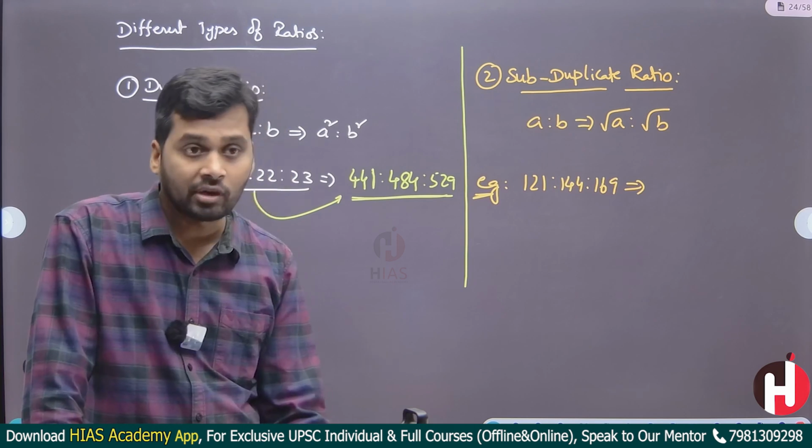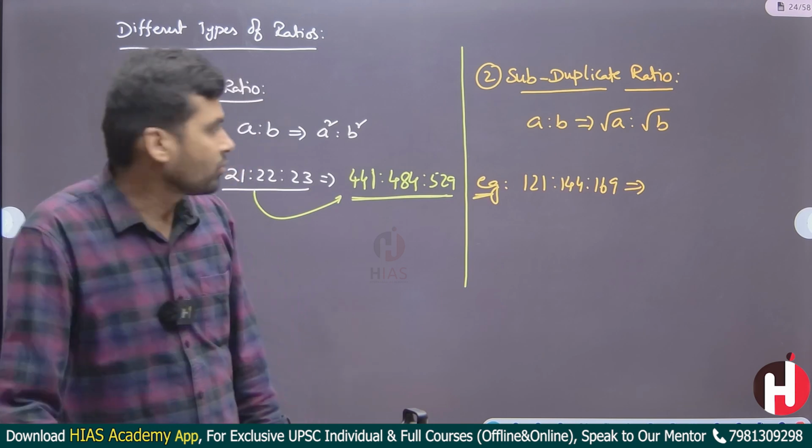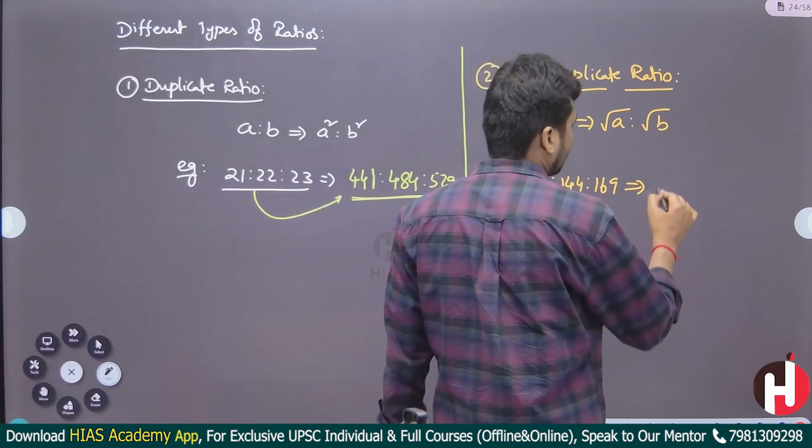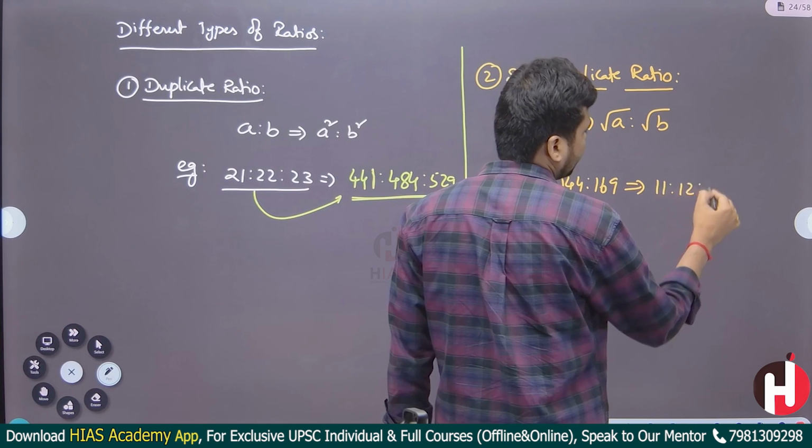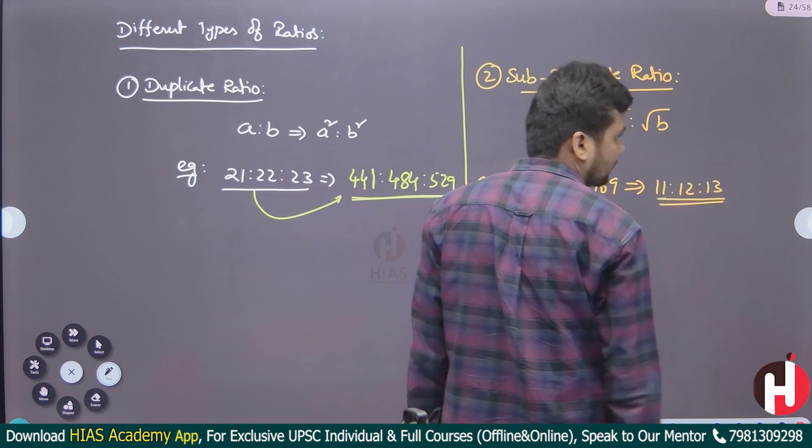So the answer is 11 is to 12 is to 13. We take the square root of the given numbers.